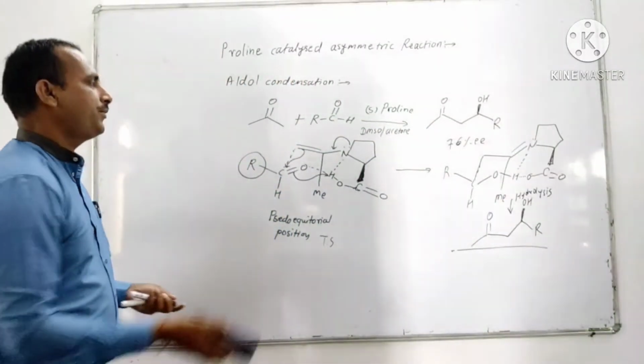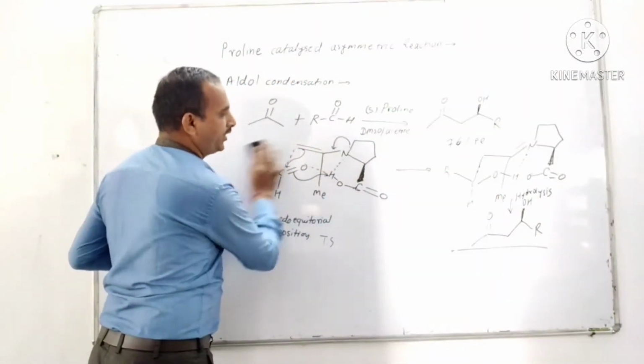Now let's see another example where the R group is different.